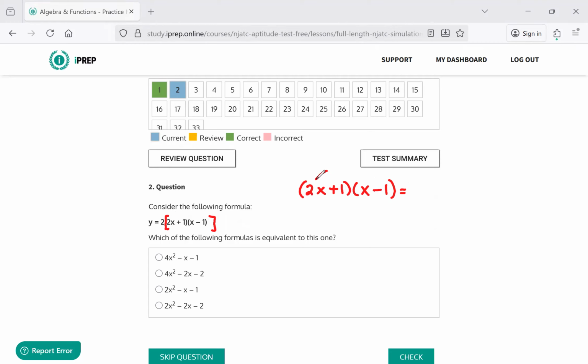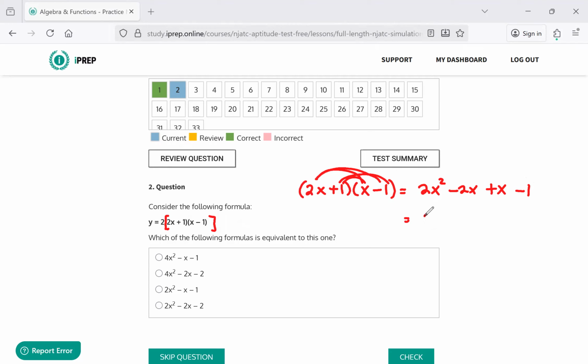So 2x times x is 2x squared. 2x times negative 1 is negative 2x. 1 times x is x. And 1 times negative 1 is negative 1.